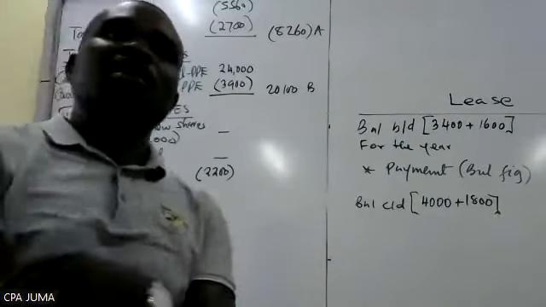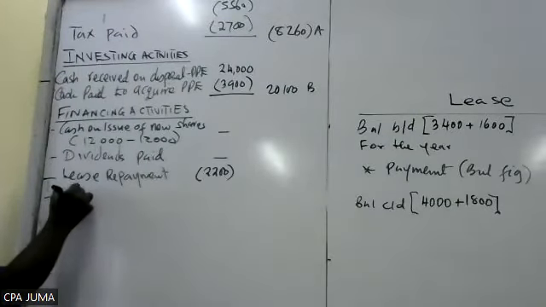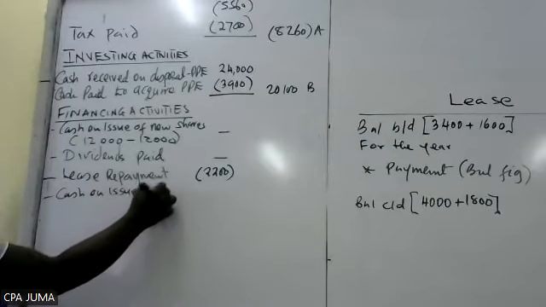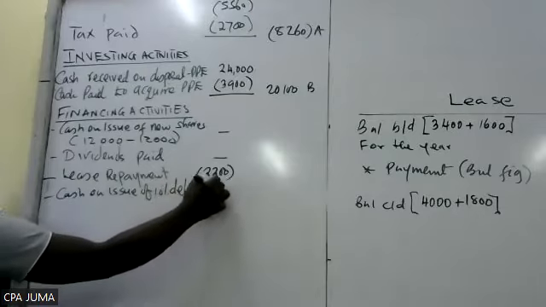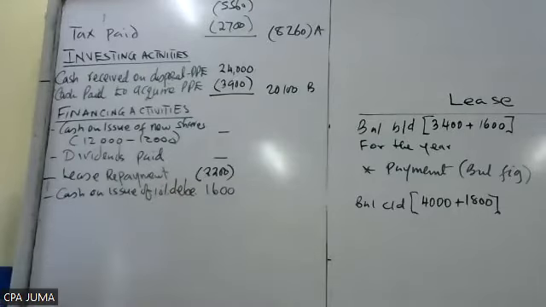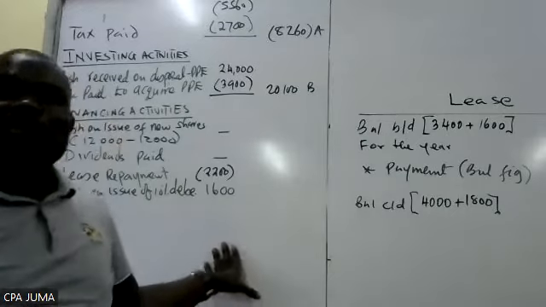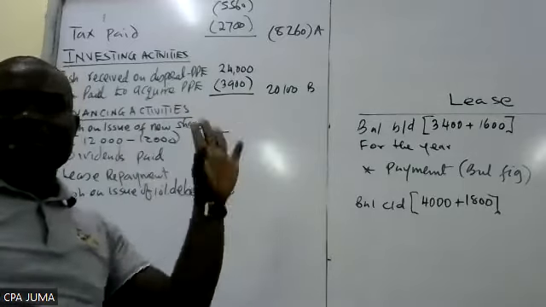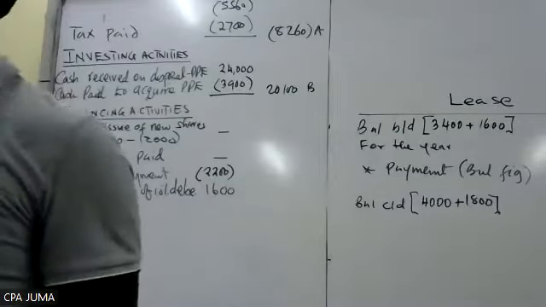They acquired, and if you acquire, it means you have got money. So cash on issue of 10% debentures, how much? 16. Don't check it in terms of loanability, check it in terms of cashability. Don't look at loan, that's a liability, negative. No, we got money.